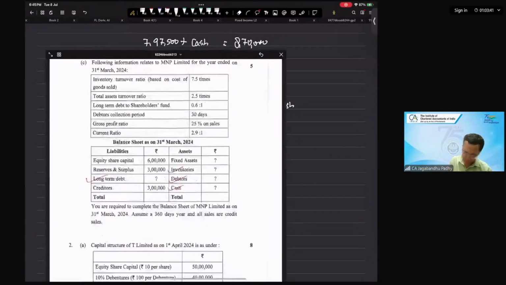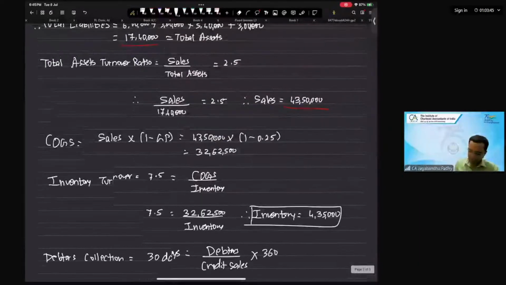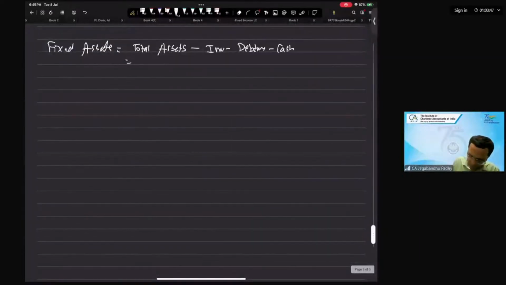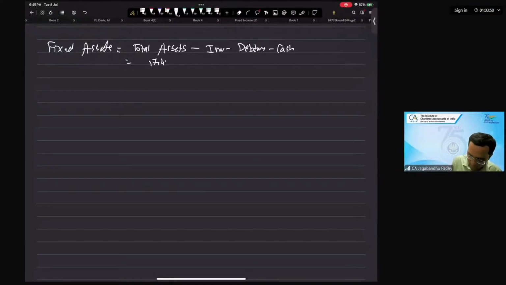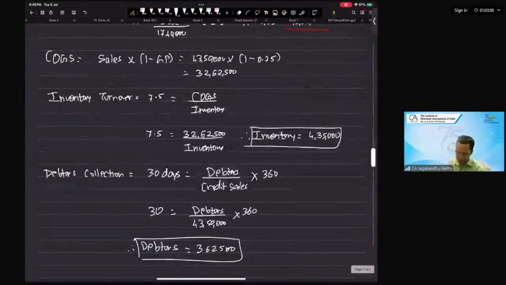Total assets is 17,40,000 minus inventory. We've got the inventory value as 4,35,000.